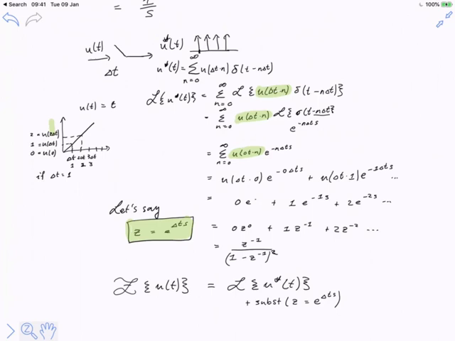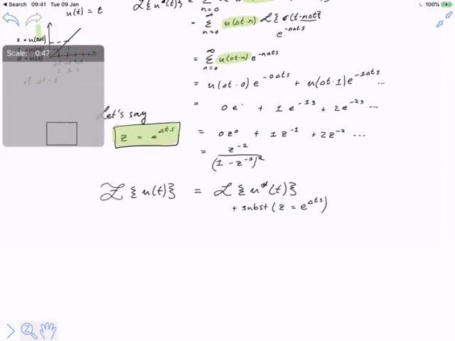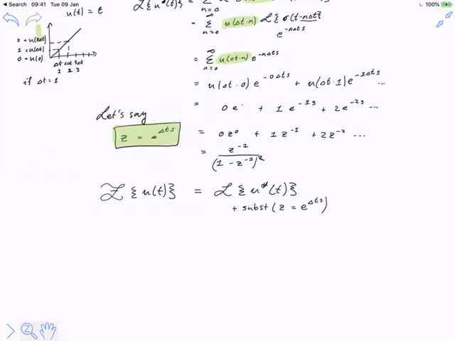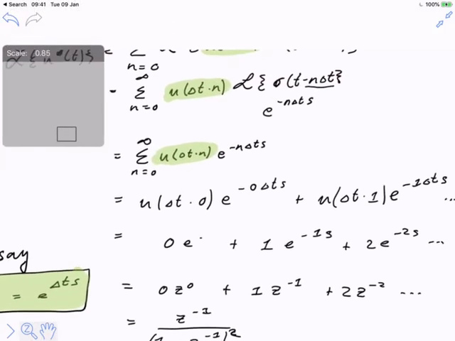But this is the theory. I want to end off with just saying that another reason why I do like introducing the Z transform like this is so that you make the connection between Z and time shifting. So remember how we got to this.